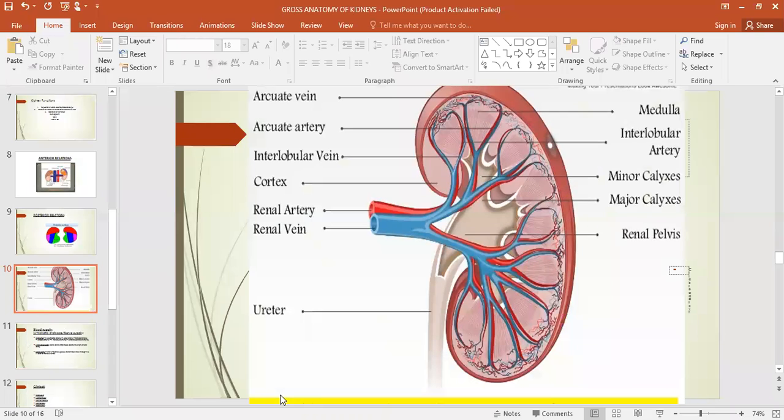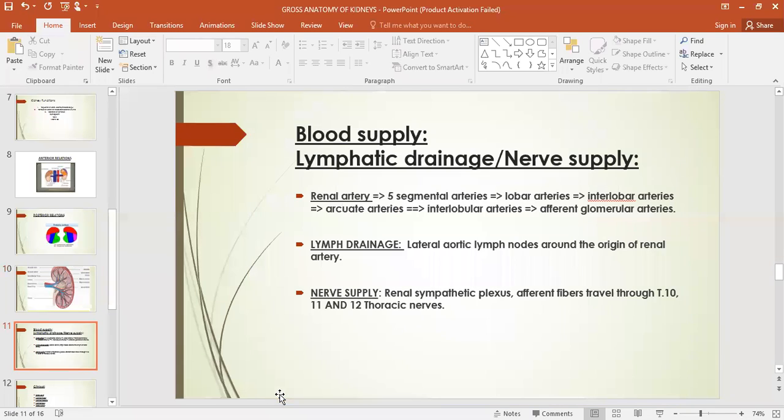Then this is the blood supply: the renal artery, which divides into 5 segmental arteries, which give rise to lobar arteries, and then the interlobar arteries, arcuate arteries, interlobular arteries, and the afferent arterioles.